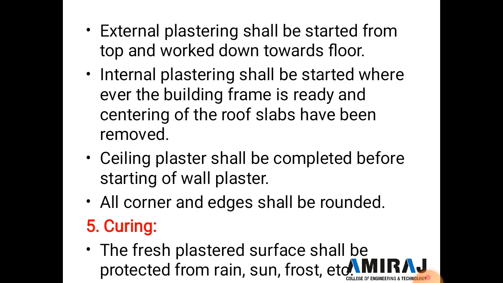Internal plaster is started when the building frame is ready and the centering of the roof slab has been removed, and the ceiling plaster shall be completed before starting the wall plaster. All corners and edges should be rounded, so no right angle corner is created, because it is easy to break. It is compulsory that all corners and edges shall be rounded.